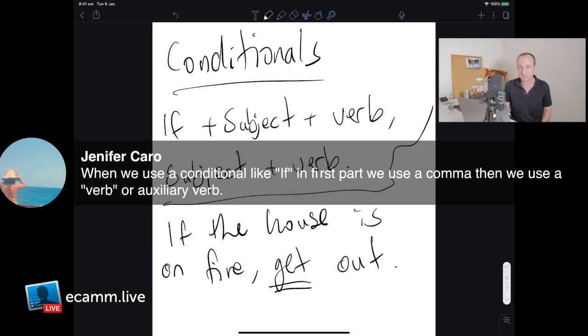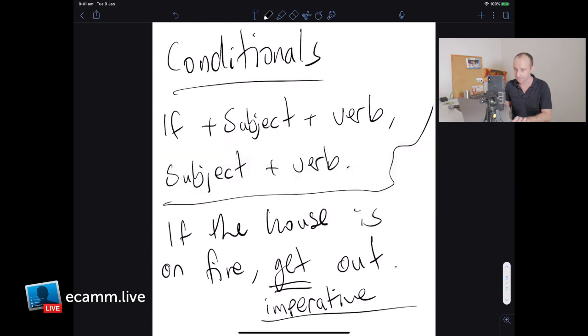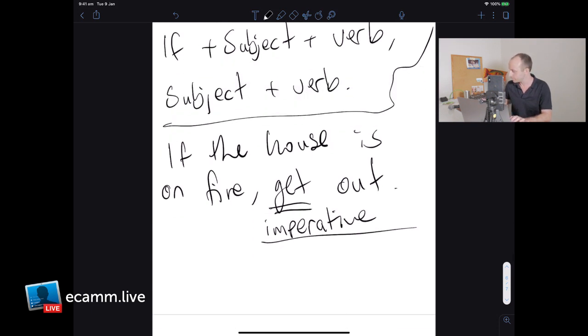There's no subject because it's obvious. So it's this imperative, the imperative mood. If we're not sure what imperative is, I'll teach that another day. Otherwise, I'd be here for 24 hours just teaching grammar. So that kind of is what you wrote, Jennifer. I'm not sure if it's what you meant, but that's what you got. So there you go. Cool.